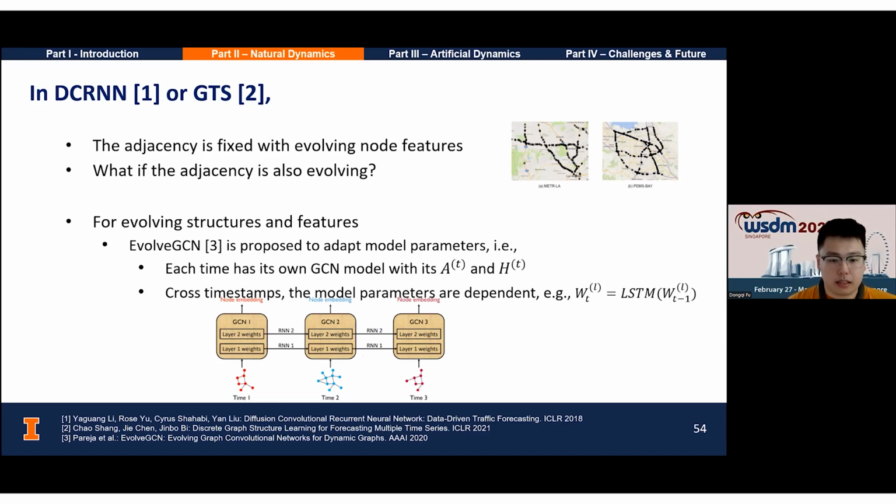To achieve that, the authors use recurrent structures to adapt the weight matrix or parameters of the GNN models. For example, W_t^l will be the LSTM output of W_{t-1}^l. Here W_t^l means the parameter at the l-th layer at time t.